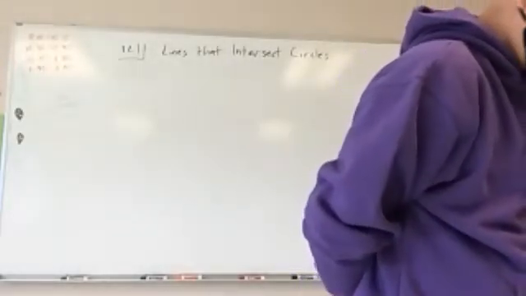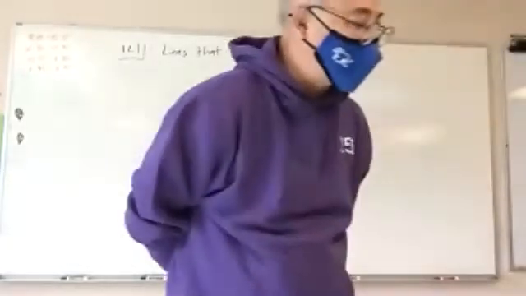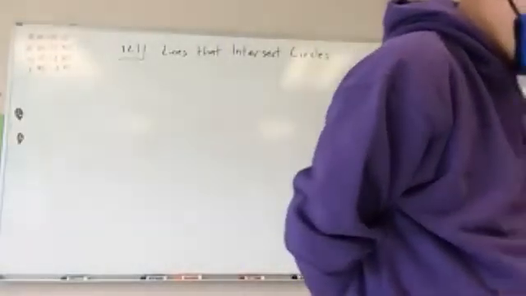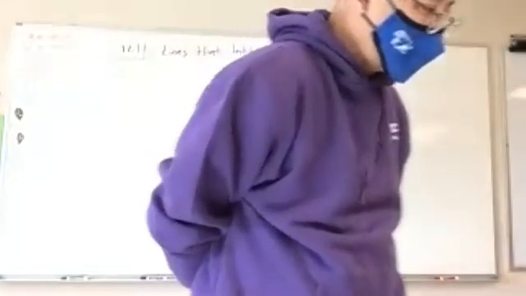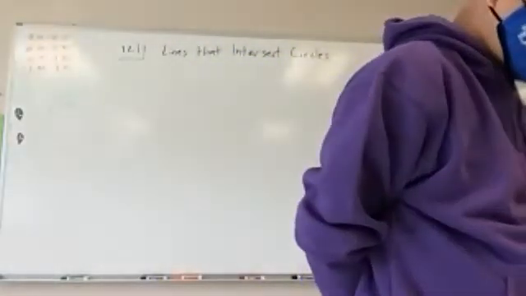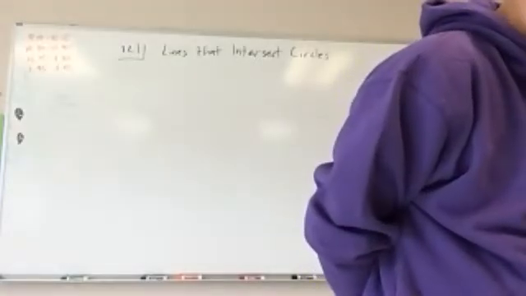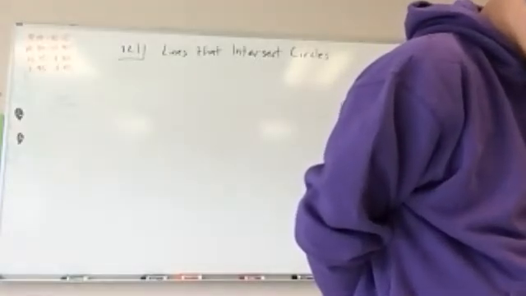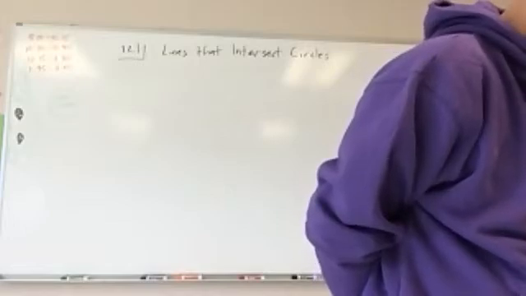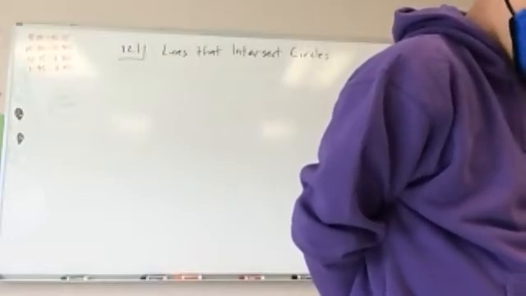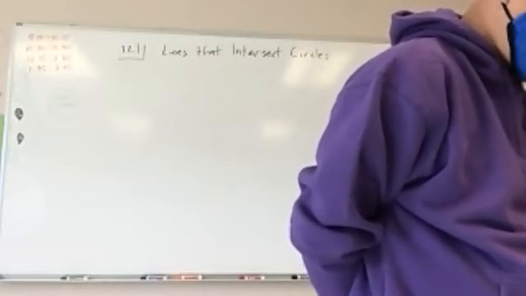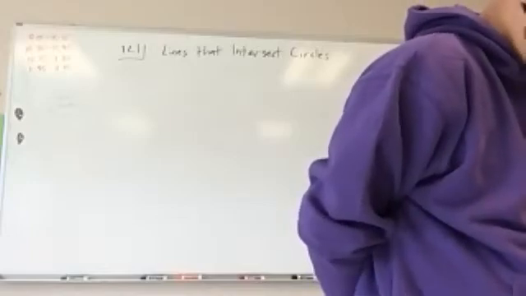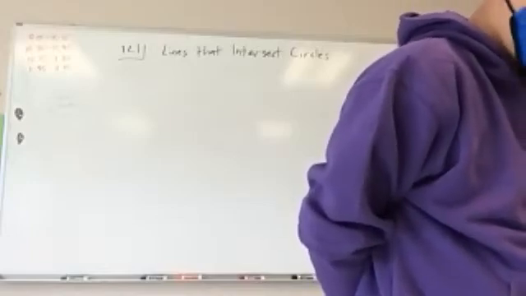Bottom of page 794, there are two theorems, 12.1-1 and 12.1-2. 12.1-1: If a line is tangent to a circle, then it is perpendicular to the radius drawn to the point of tangency. If a line is perpendicular to the radius of the circle at a point on the circle, then the line is tangent to the circle.